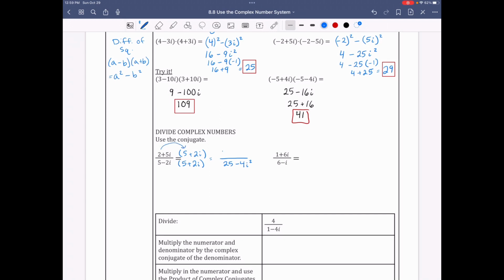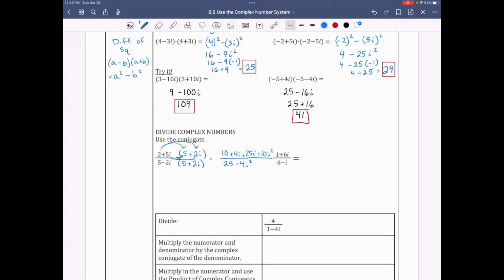So that's 10 plus 4i plus 25i plus 10i squared. Okay, let's simplify that.